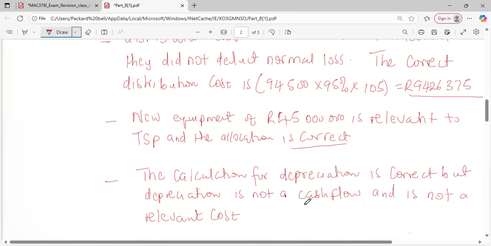Remember, when we do cash flow, we're talking of the movement of real money. We're not talking of things like depreciation where there is no real money. When we were doing your cash flow, you could see how we treat depreciation. We used to call it a non-cash item, then we add it back to the profit that was calculated. So the same applies here, right?